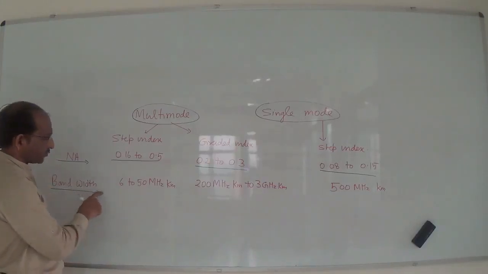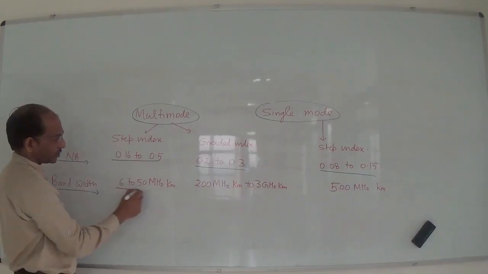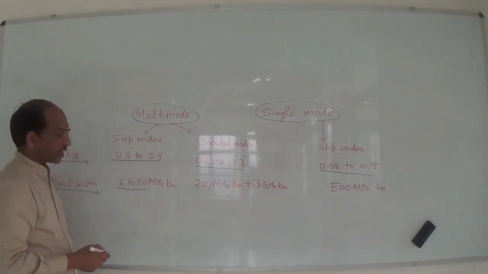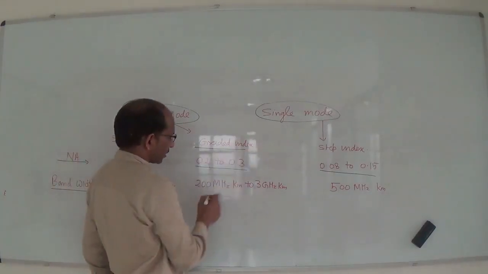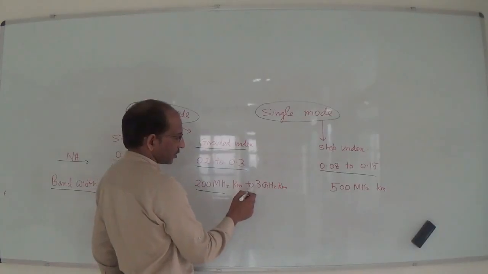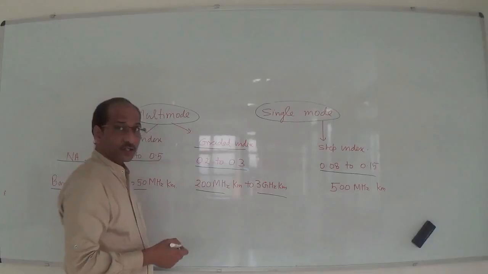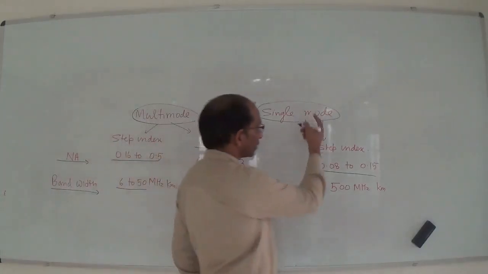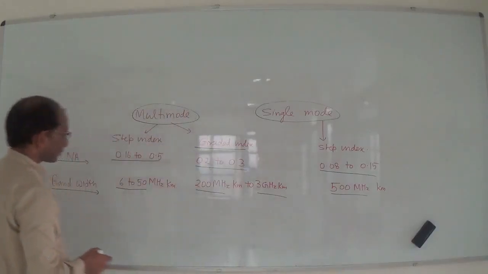And then bandwidth. In case of multi-mode step index optical fiber, this is only 6 to 50 megahertz kilometer. In case of graded index optical fiber, it is 200 megahertz kilometer up to 3 gigahertz kilometer, and in single mode this is only 500 megahertz kilometer.